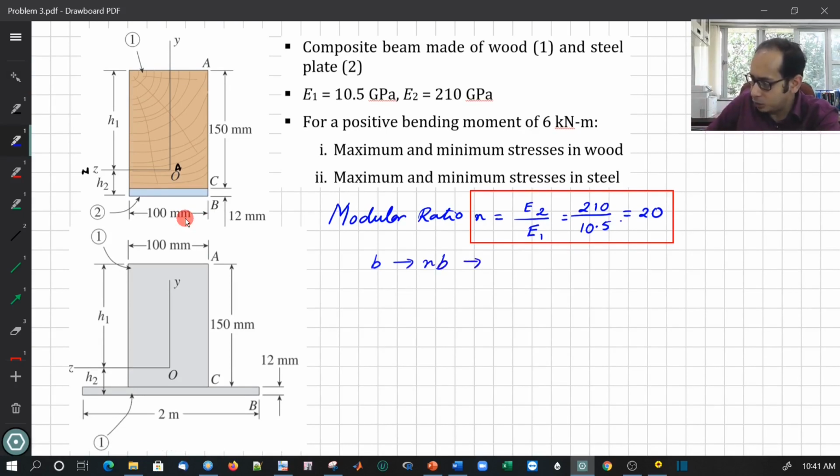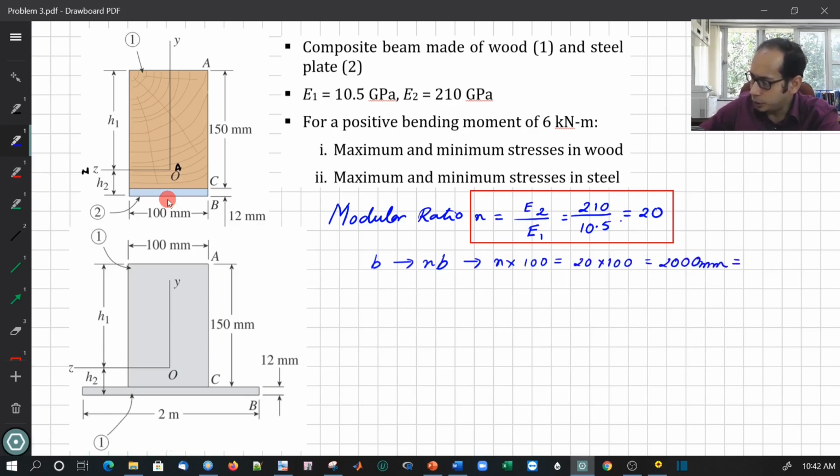That means that what was initially my 100 mm for the steel plate, now I've converted to material 1, and the equivalent width is going to be n times 100, so that is 20 times 100, so that is 2000 mm.